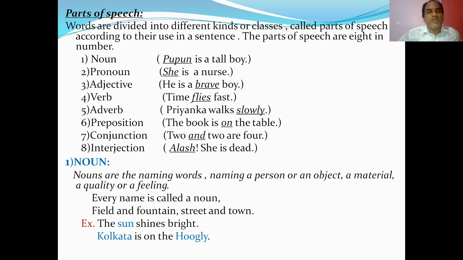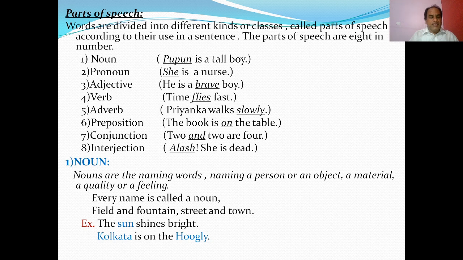Let us discuss the parts of speech. Words are divided into different kinds of classes called parts of speech according to their use in a sentence. The parts of speech are 8 in number. Okay.